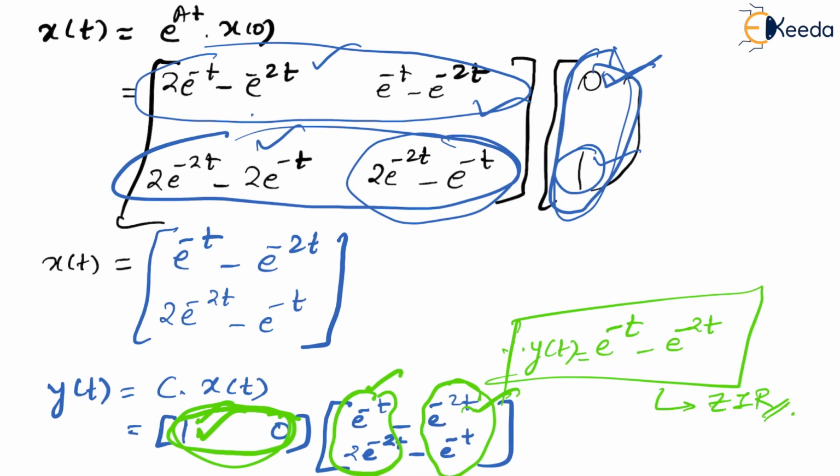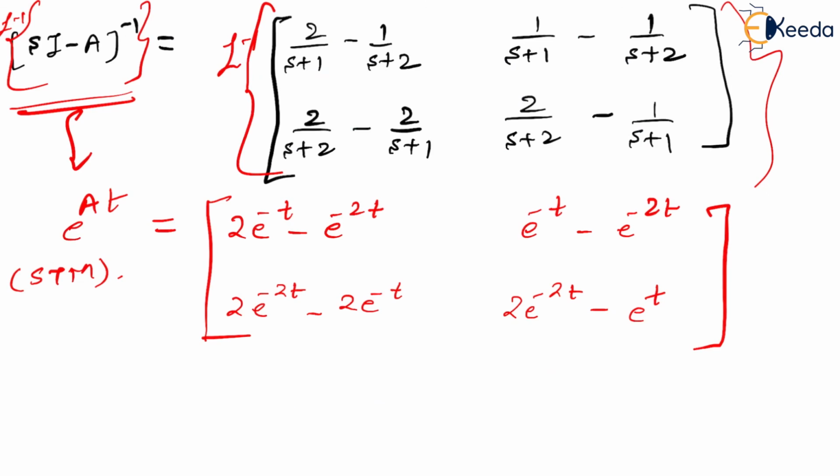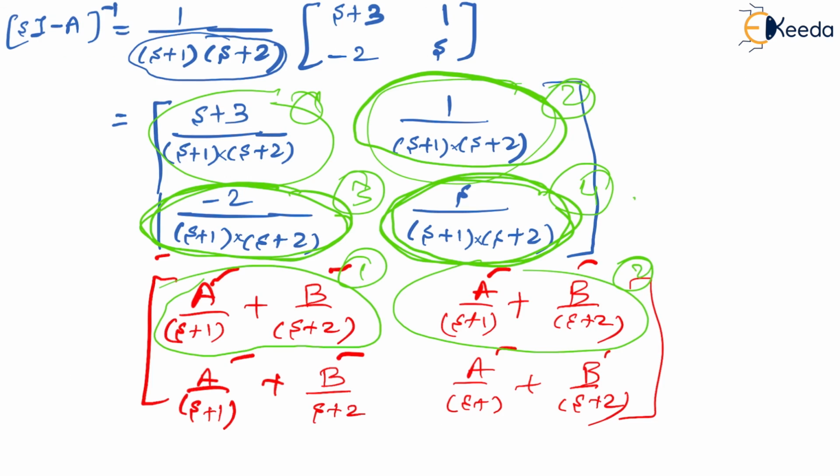Now here you have to make some observations. What do you understand from this? See, even this zero input response tells you that the poles are minus 1 and minus 2. So here you get that the poles are minus 1, minus 2.